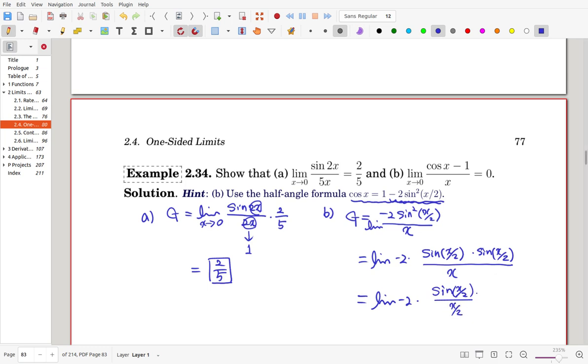And with this one, we may try to put the remainder part, sine x over 2, and now divide by 2 like that, so that this multiplication will make x, the same as the earlier one.